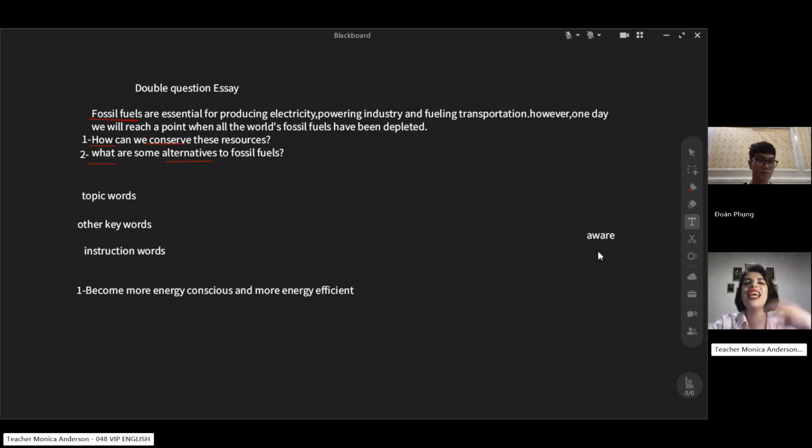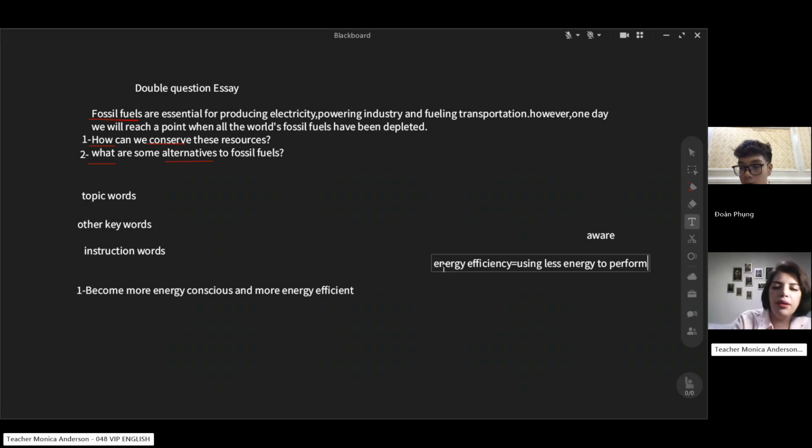So energy efficiency, let me write, energy efficiency means using less energy to perform the same task.